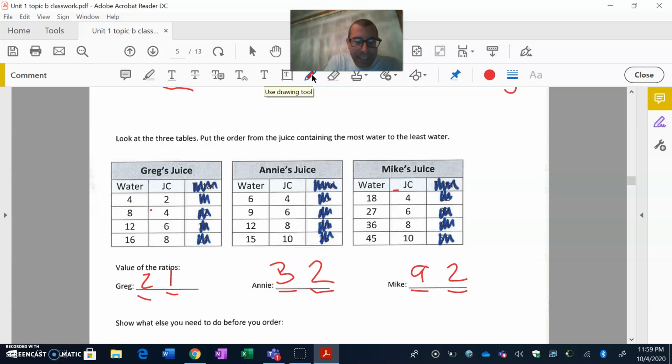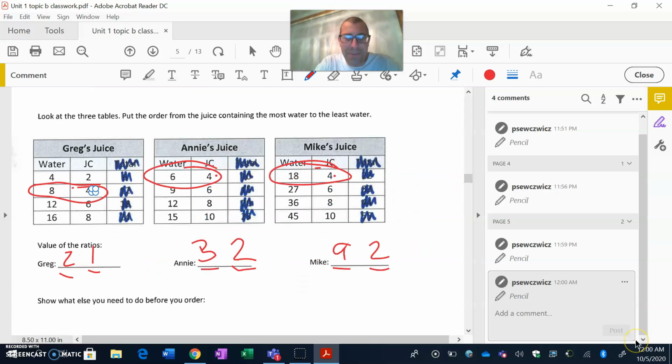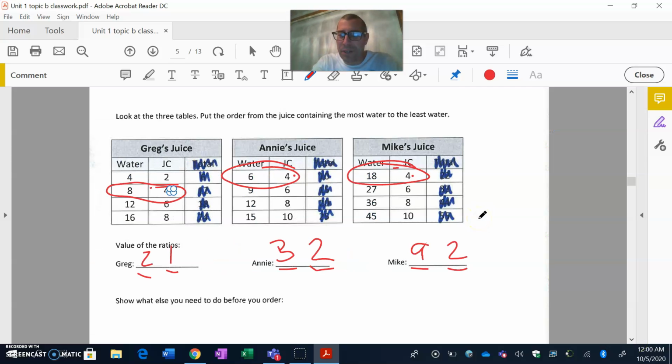So I'm seeing here that, look at this, the juice concentrate of a 4, juice concentrate of a 4, juice concentrate of a 4. So here we go. This is what I'm going to compare. So what else do you need before you order them?